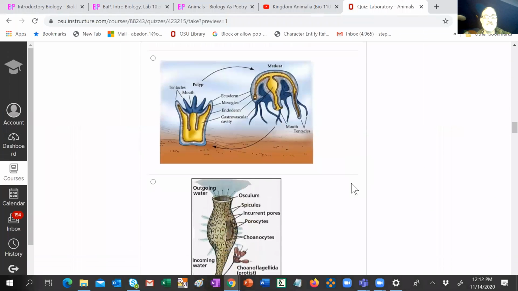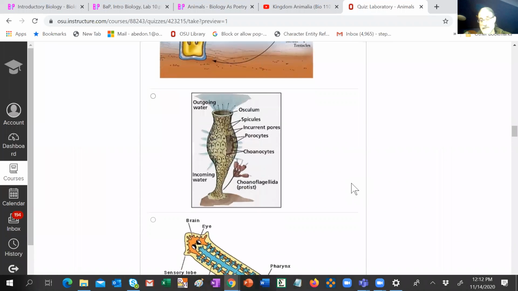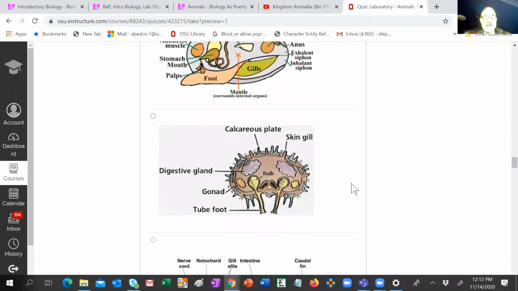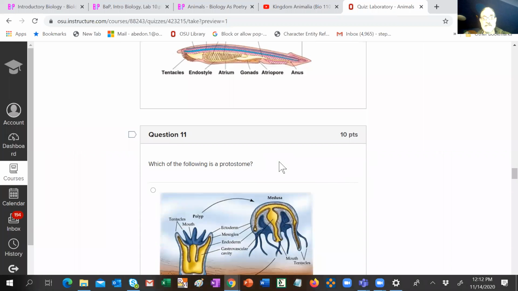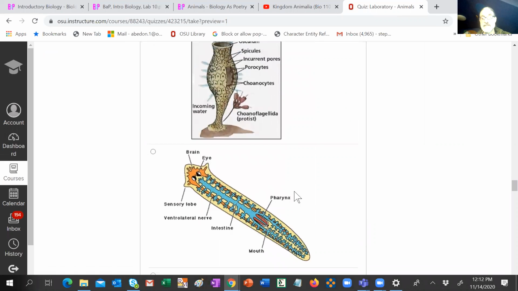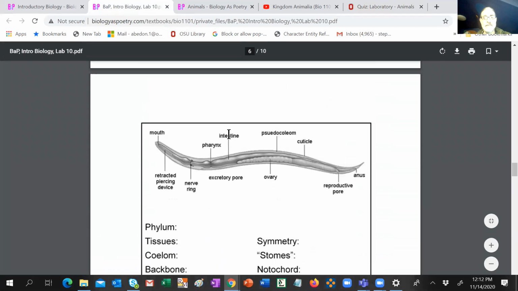So there will be questions on exercise number 1, and what they're going to consist of is asking about certain characteristics. So which of the following is a protostome? And you'll note that these images that you're seeing here, although they're in color here, they're not in color on your labs.